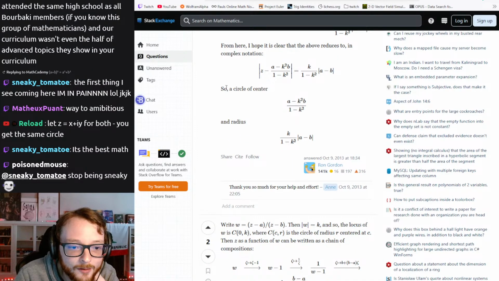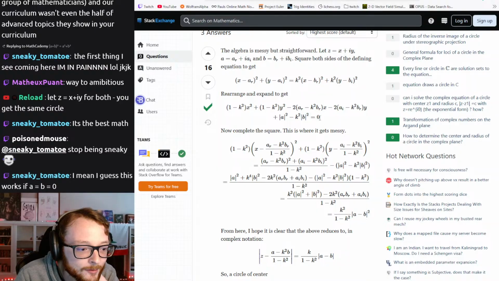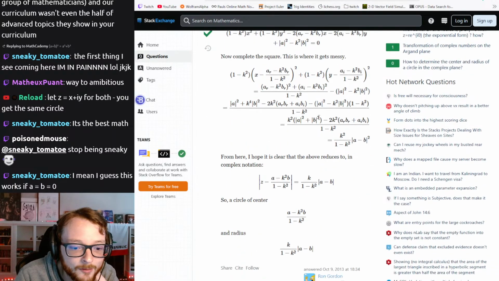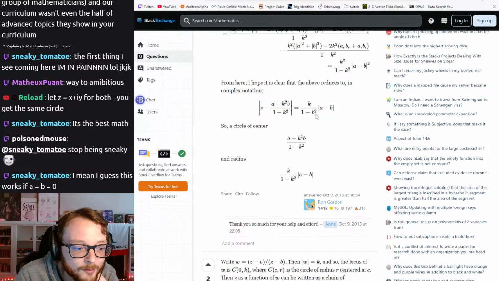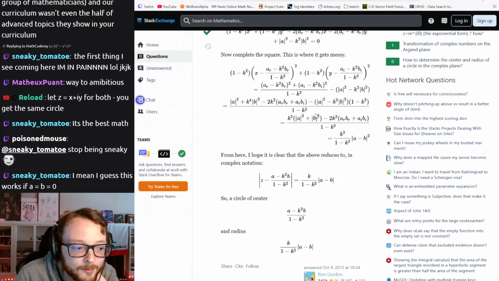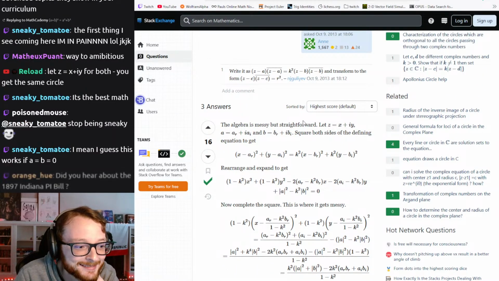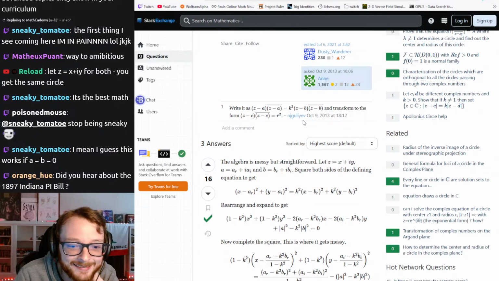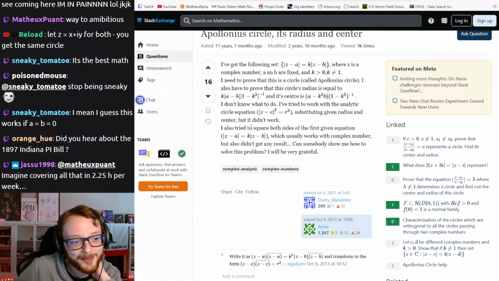So wait, it's not the same exact circle though, is it? Oh yeah, that's true. A equals B equals 0 for that. If either of them are 0, I think you're good. The other one could be anything.